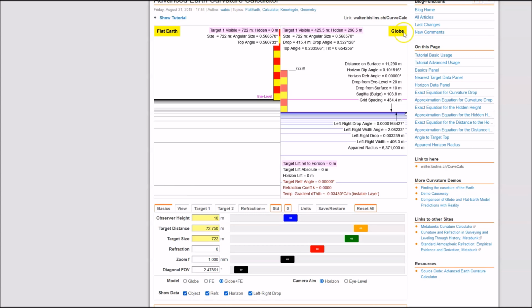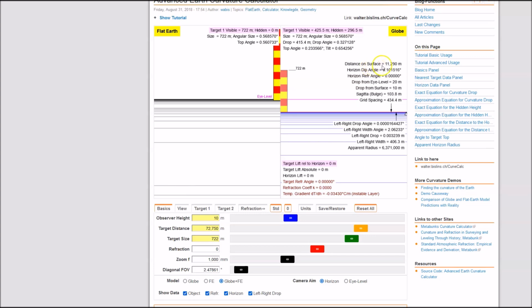Looking at the right half, we see globe, and we see that everything is lower. The eye level is above the horizon line, and we only see 1, 2, 3, 4, 5, 6 of the 10 squares of the island. So about 40% of the island is obscured below the waterline, the horizon.